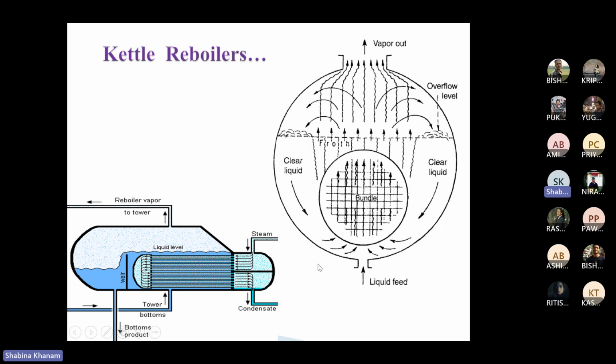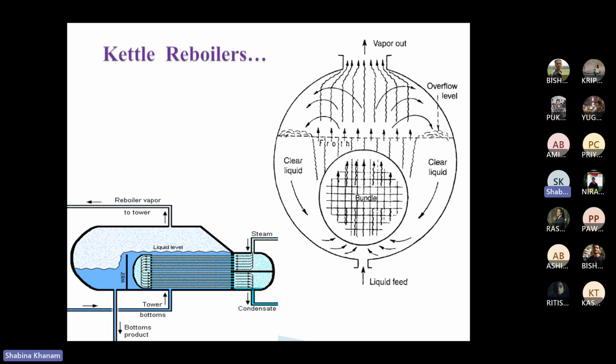Because the space in the shell side is small, they can completely cover the whole space available between the tubes. Are you getting my point? In that case, it will work as a blanket. The bubble will be so large that it covers the equivalent diameter in the shell side. When larger bubbles are there, they cover the space between the tubes. And when another bubble or liquid comes from the bottom, the blanket is broken, and then the vapor moves upward.